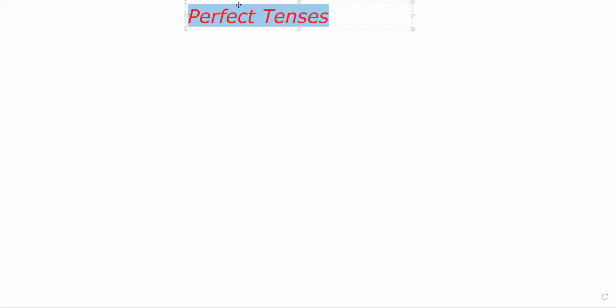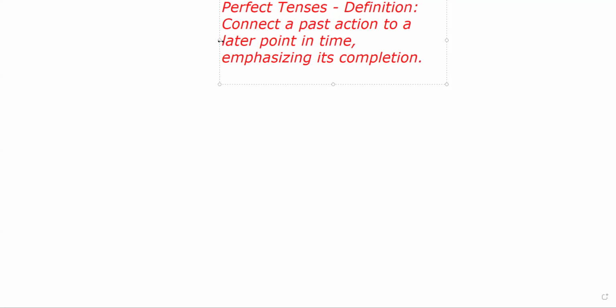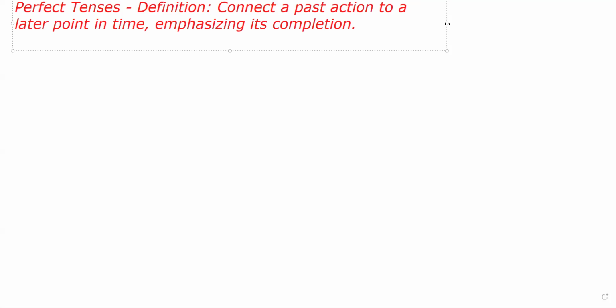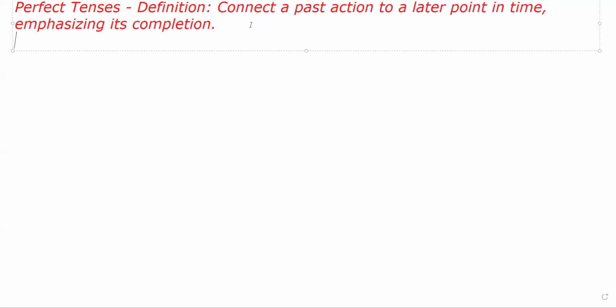So what do we mean by perfect tenses? Let's write this down. The definition of perfect tenses would be to connect a past action to a later point, emphasizing its completion.